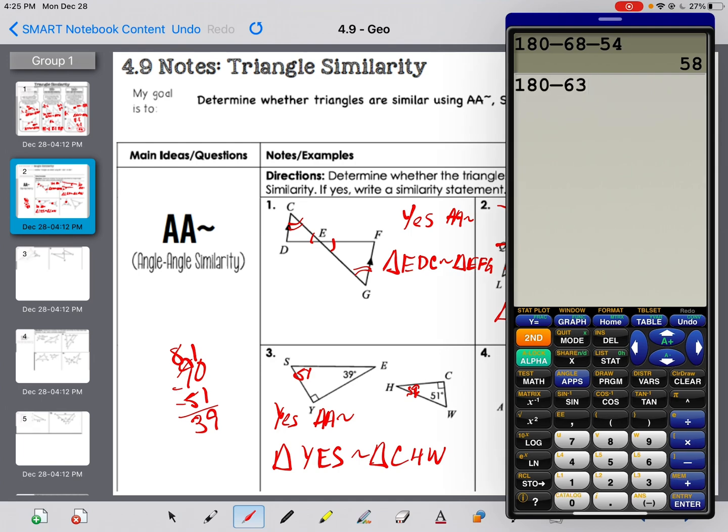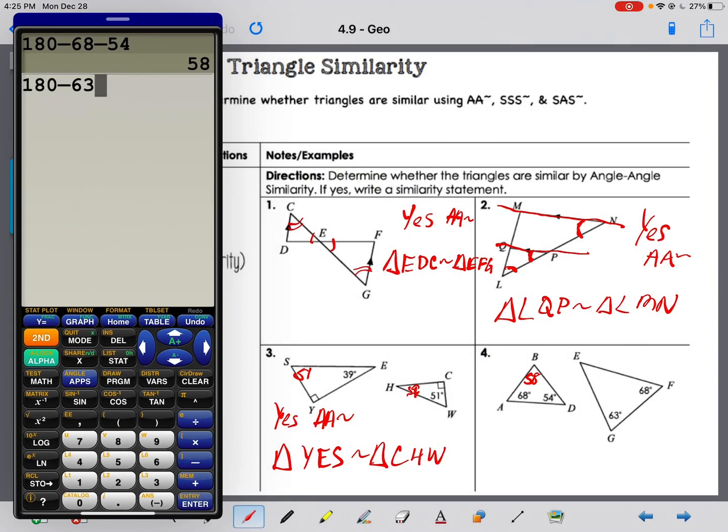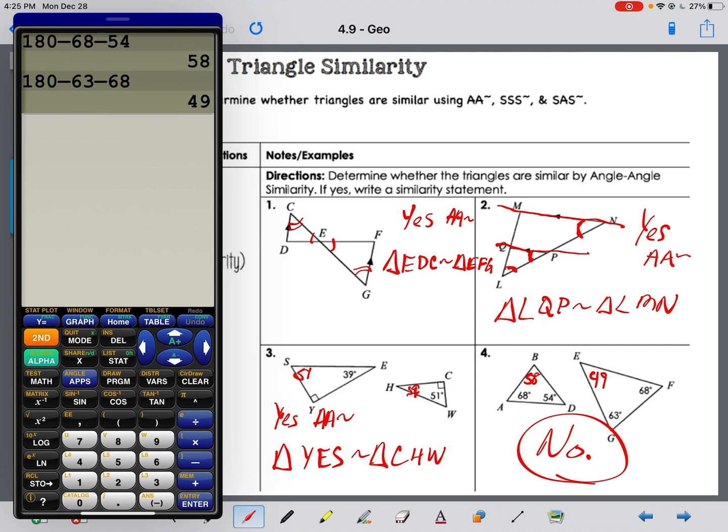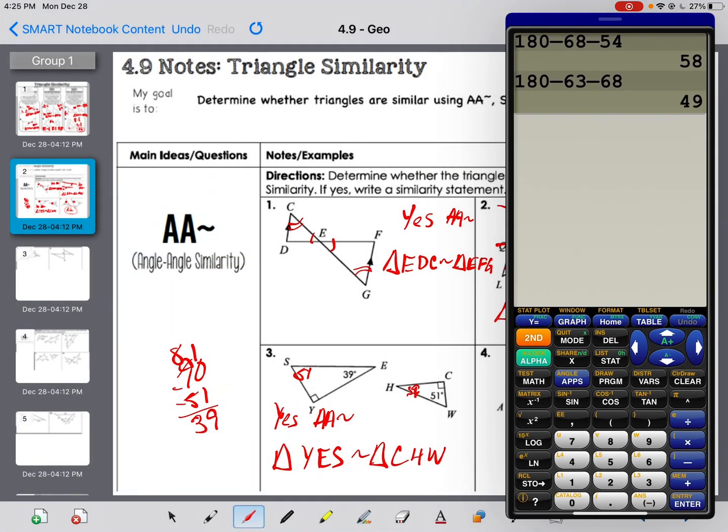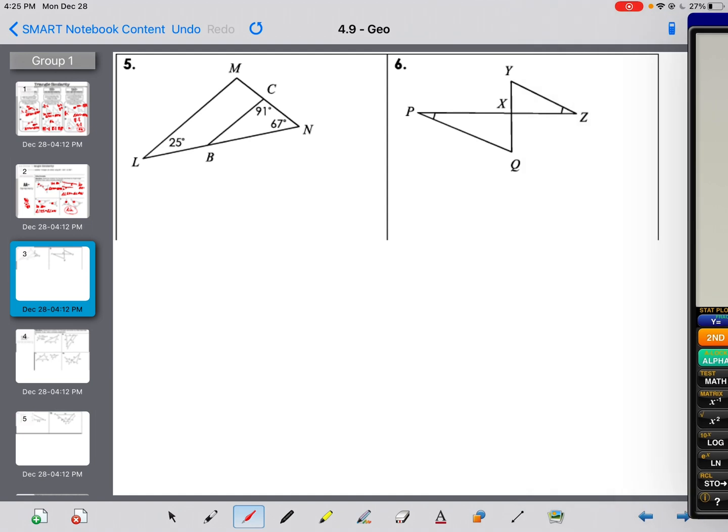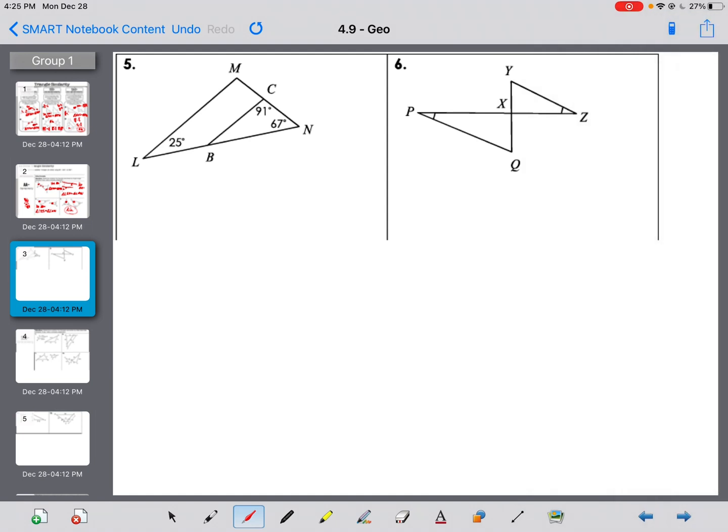So, nope. We can find the other one. 180 minus 63 minus 68 is 49. We don't have two angles, so that's going to be a no. No, not at all.